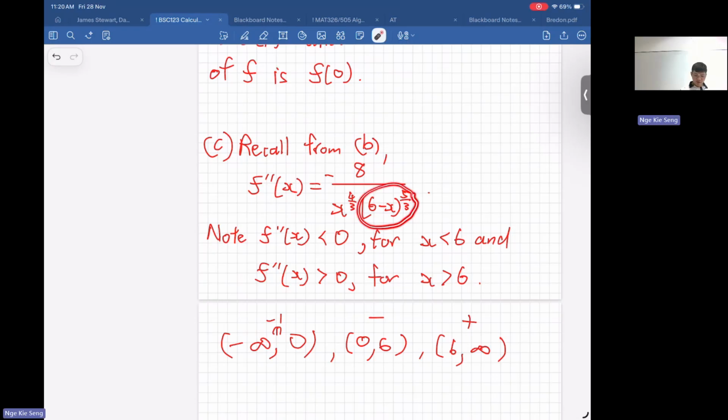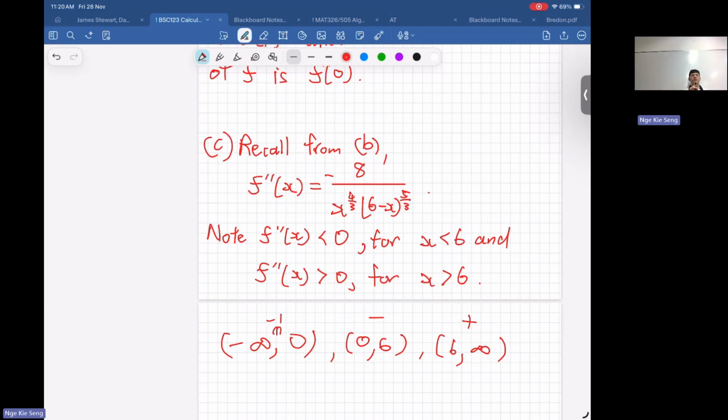Let me see. I just want to say, can I use the interval minus infinity to 6? Because 0 is an inflection point.